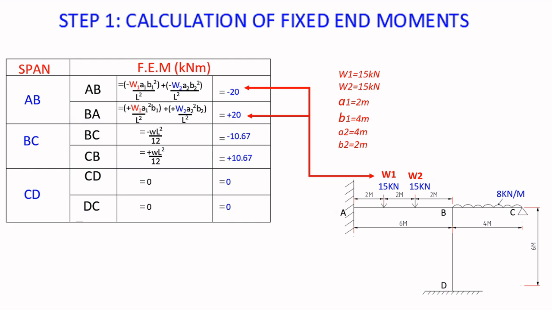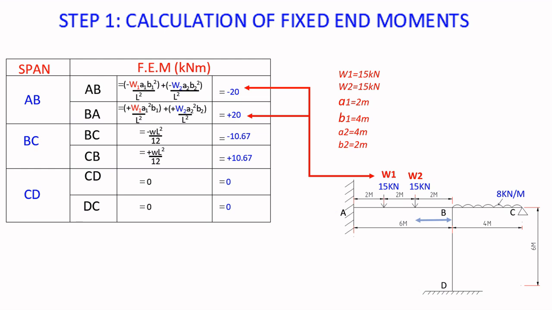I've indicated the formula in the table there, whereby our A1 is 2 meters and our B1 is 4 meters when you are considering the first point load. Then when you are considering the second point load, our A2 will be 4 meters and our B2 again will be 2 meters.